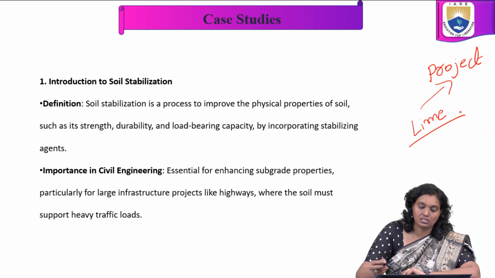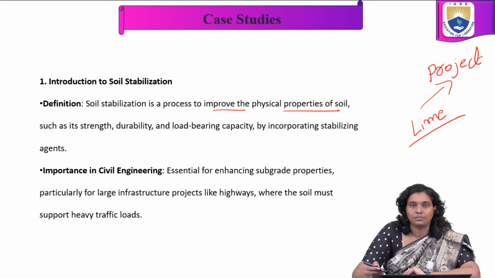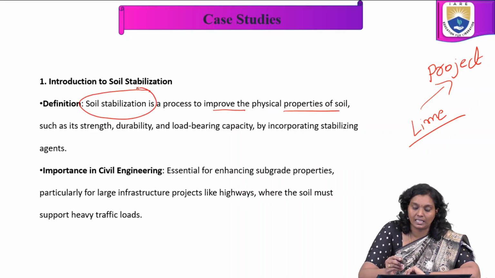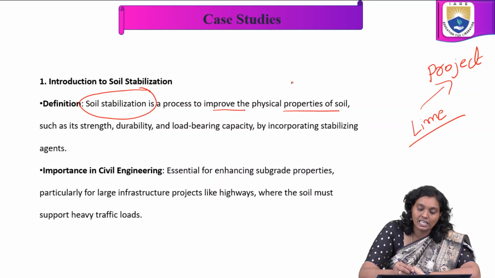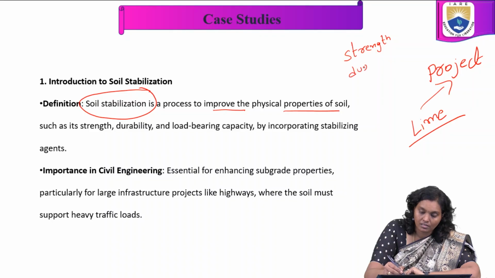Soil stabilization is a process to improve the physical properties of soil. So, what is soil stabilization? It is nothing but improving the physical properties of soil such as strength, durability, and load bearing capacity.